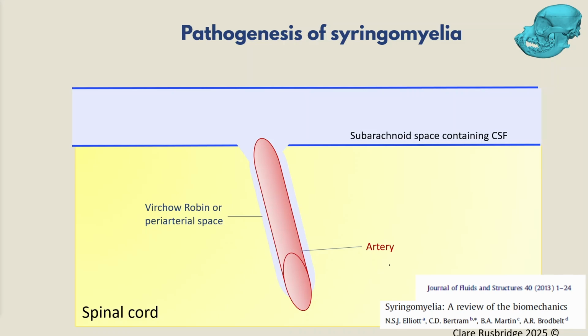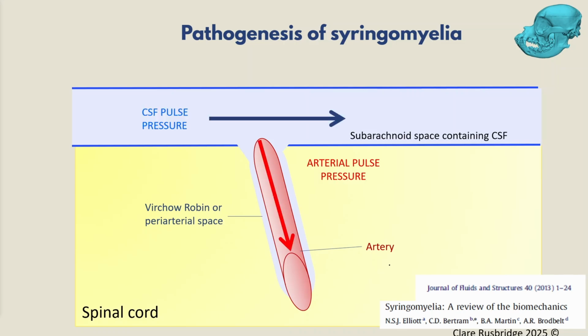Well, there are many different theories, but the most popular theory is that because the CSF is being obstructed, it is no longer hitting the subarachnoid space at the same time as the pulse pressure. So in a normal situation you'd have a pulsing blood vessel, and at the same time the CSF pressure would pulse, so both of these would be at high pressure at the same time.